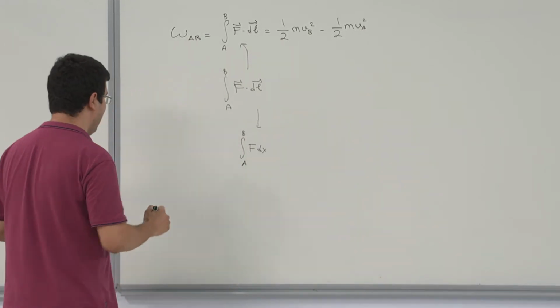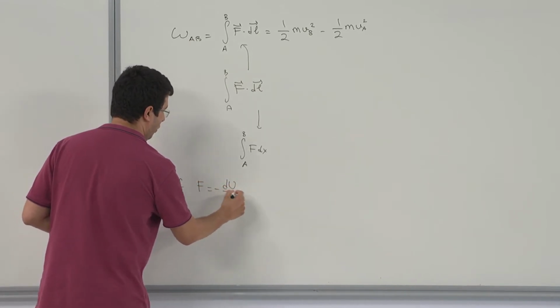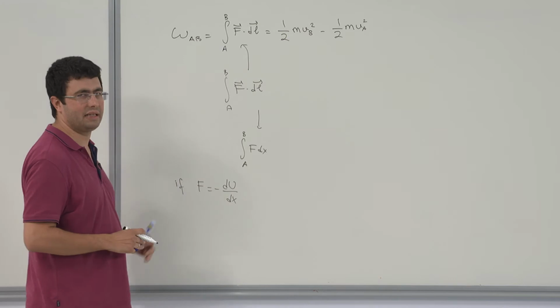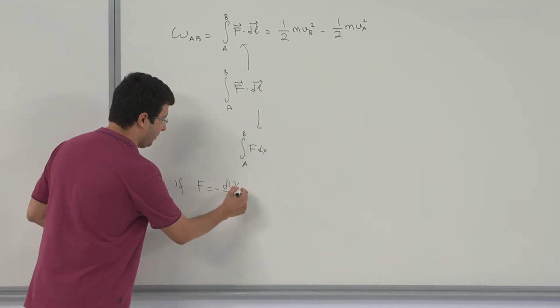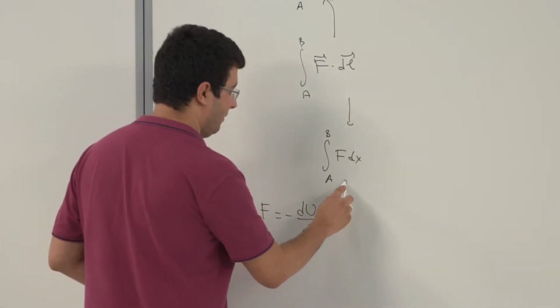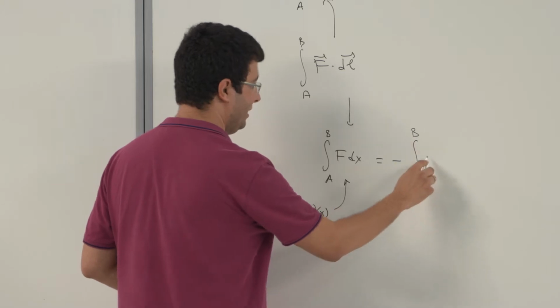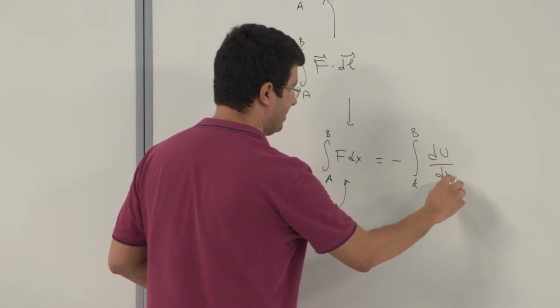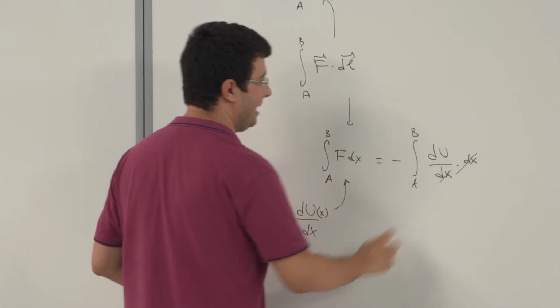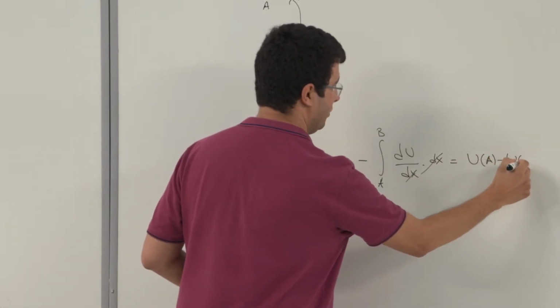And if F, the force, can be given as du over dx, where u is just some scalar function that depends on the position only, and if I plug it in here, then this integral turns into the integral from a to b of du over dx times dx, the dx cancel out, and I get Ua minus Ub.